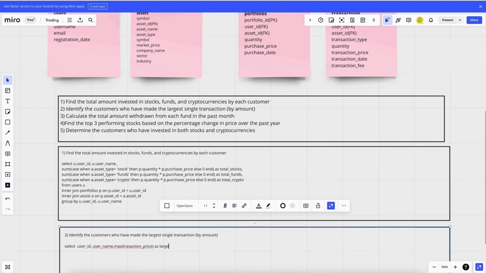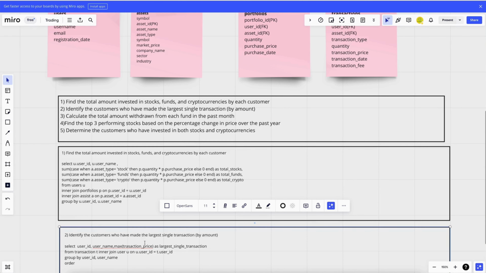I'll call this largest single transaction from the transaction table, do an inner join to the user table. And since this is an aggregated value we are trying to extract, just do a group by on these columns.